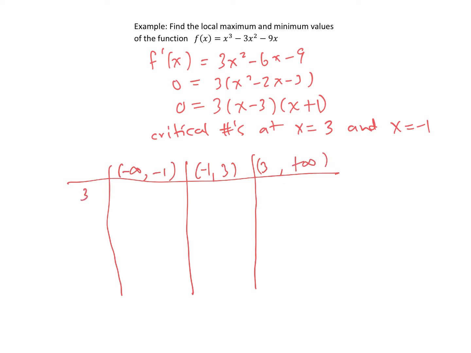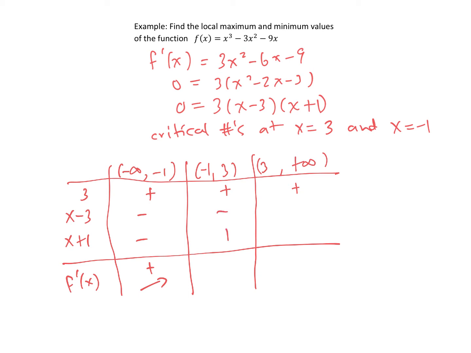So just put our factors down the side here. And we were looking at the sign of the first derivative. Obviously, 3 stays positive in all intervals. I'll pick a number less than negative 1, so we have an increasing function. I'll pick a number between negative 1 and 3. I'll pick 0.